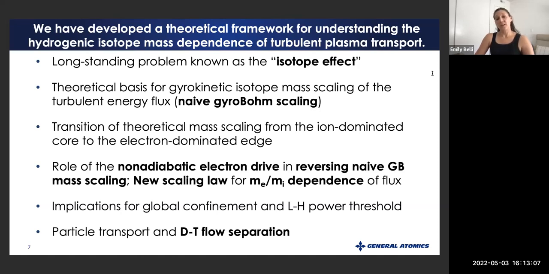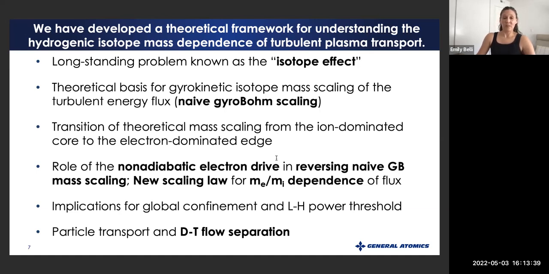So first, I will give a brief overview of the long-standing discrepancy between experiment and theoretical predictions known as the isotope effect. Then I will provide a theoretical basis for simple gyrokinetic isotope mass scaling of the turbulent energy flux that we will call naive gyroBohm-scaling. Using gyrokinetic turbulence simulations of a DIII-D experiment, I will illustrate an interesting transition in the isotope mass scaling of the turbulent energy flux from ion-dominated core transport regimes to electron-dominated edge transport regimes.